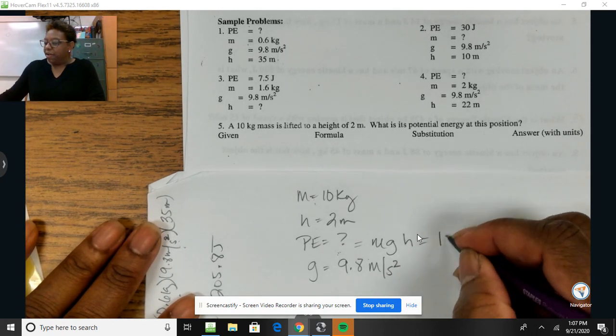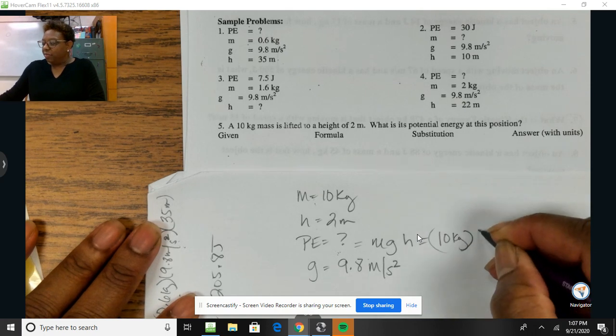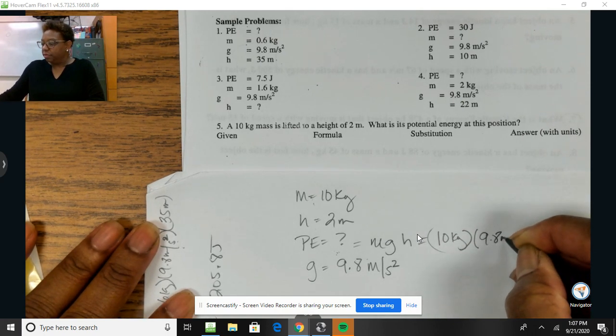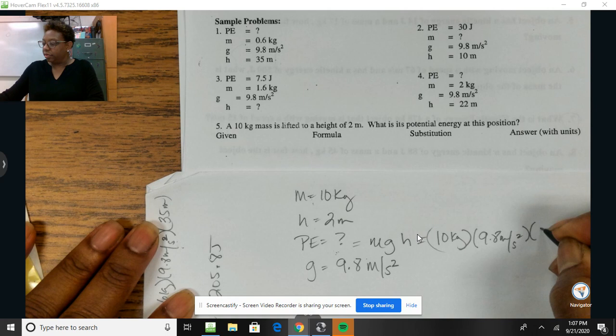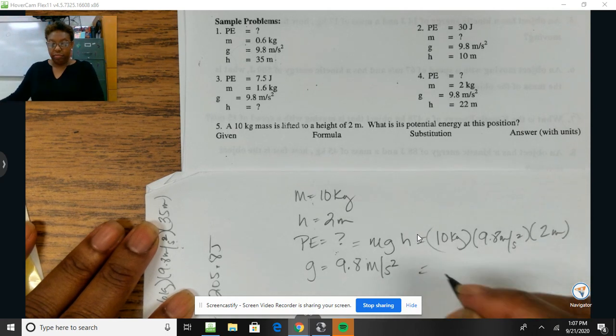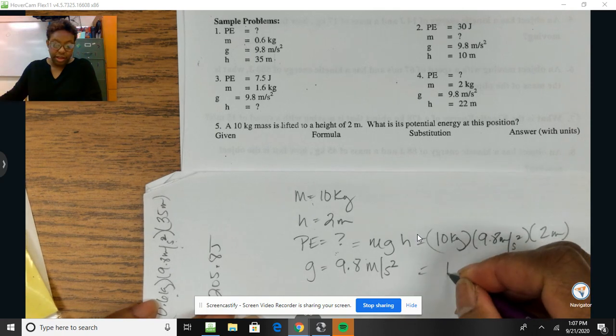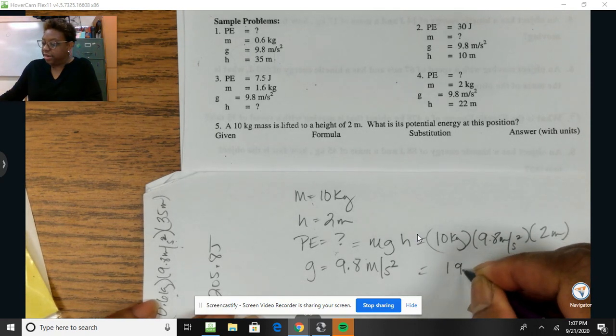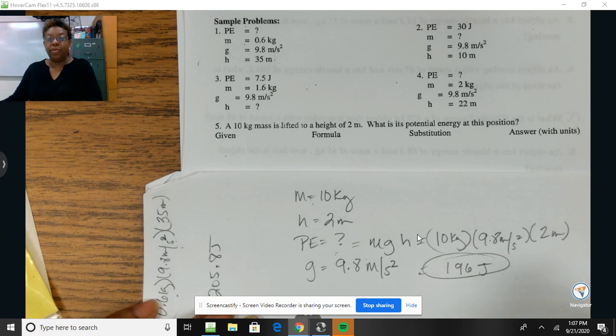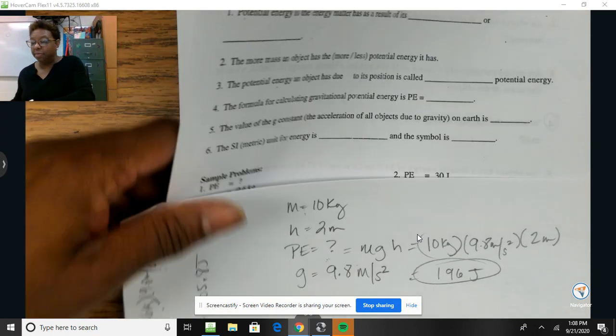I just need to plug in my variables because I've already identified what they are. And here I get 196 joules. Okay, so those are two kinetic energy problems, two potential energy problems.